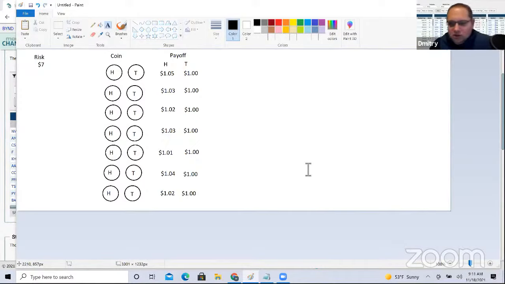You could take it all and bet on this one. You could do half and half, whatever way you want, but you have $7 to risk today, right? How would you allocate that risk? And I'm just trying to see people's mentality.